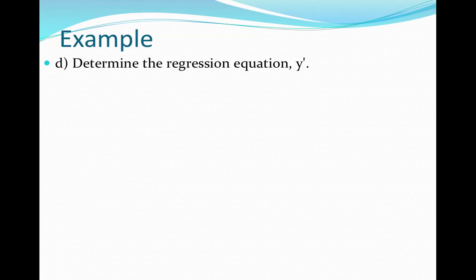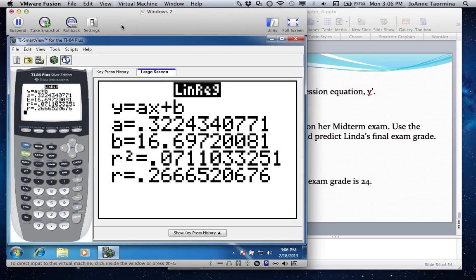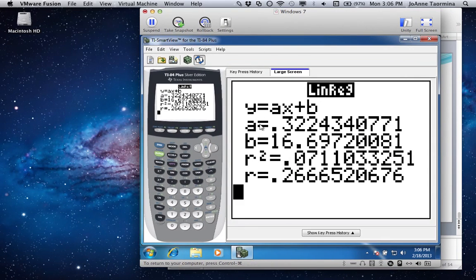Okay, we're going to also calculate a regression equation y prime for this example. So let's go to the calculator again. This is the output that we get when we run linreg ax plus b. And to find the linear equation, we have to look at a and we have to look at b. When we look at a and round it to 2 decimal places, we have 0.32.